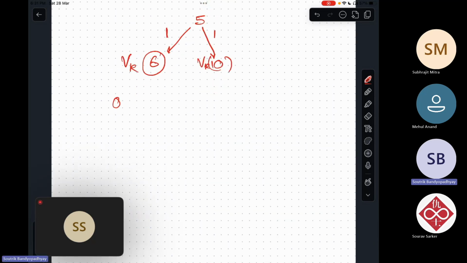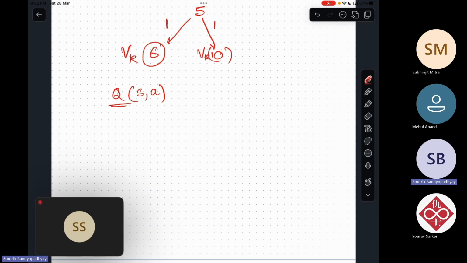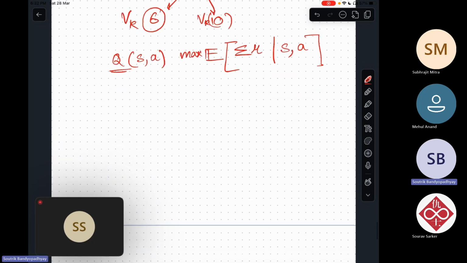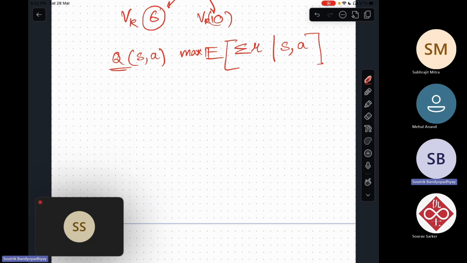Now, there is another kind of value function which is called the state action value function, which is called the Q function. The idea is, what is the maximum sum of future reward subject to the current state S and the current action A. Pictorially, it looks like this. Instead of taking the state and the corresponding value functions, you take the state and action pair.